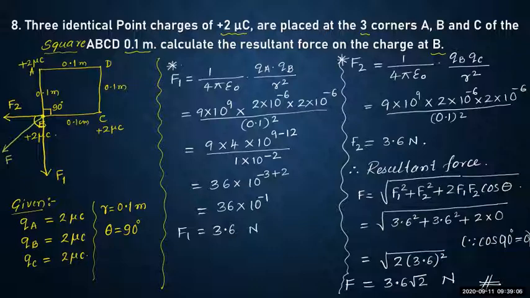That will be helpful for you. If you want, you can multiply. See, 3.6 root 2 Newton is sufficient. If you want, you can take the square root of 2 and multiply with 3.6. Then whatever answer you get can also be written here.